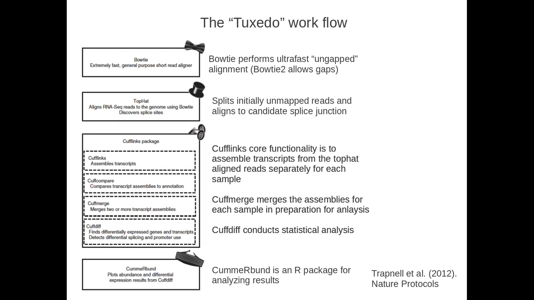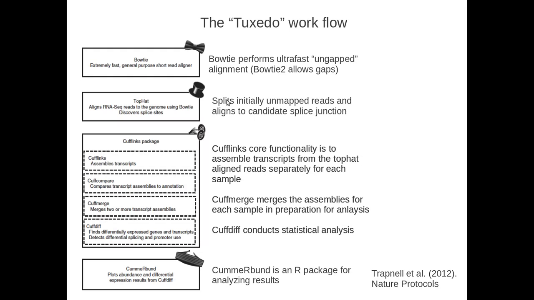So imagine a read that spans an intron in a transcript. When you map this back to the reference genome, of course, the read is now split because of the intron, and so we need an aligner that can do this kind of split mapping. So this is what Top Hat does.